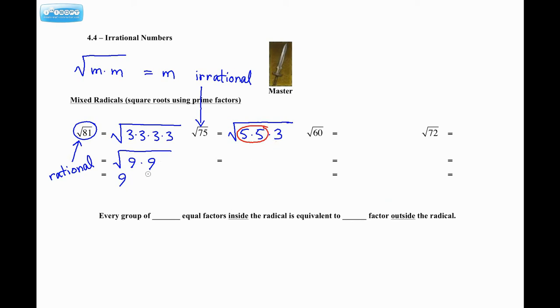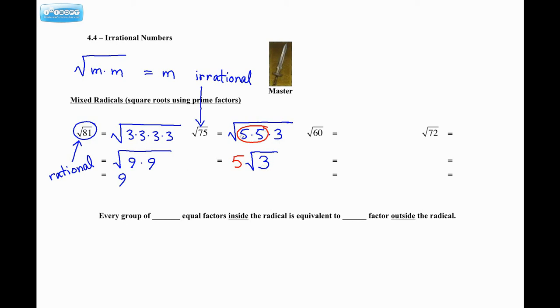If you look over here on the left, for every 2 factors that I had that were repeated, basically that just comes outside this radical symbol. So here's what it looks like. If I have 2 factors of 5, 1 factor of 5 can jump out, and that 3 is still stuck. The only way I could pull out a 3 is if I had 2 of them, but because I only have 1 of them, it stays as part of the radical.